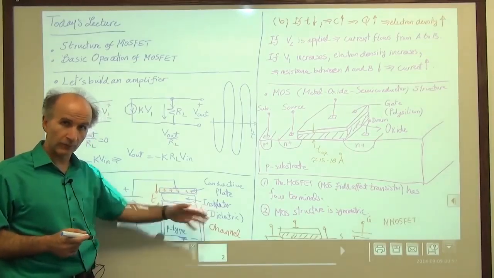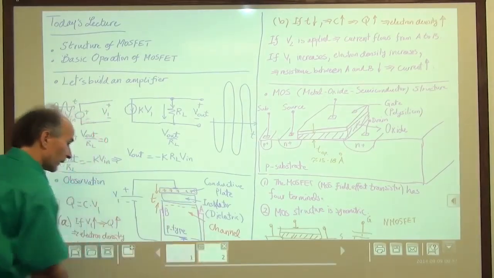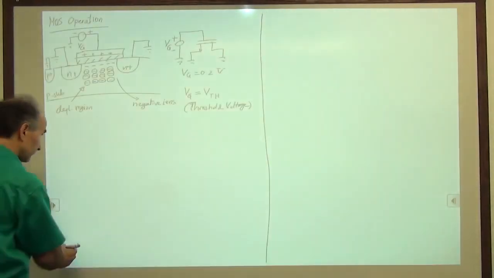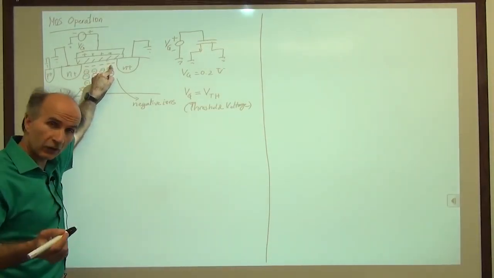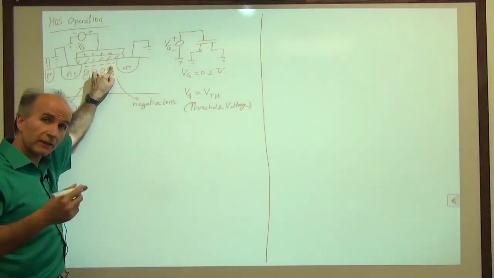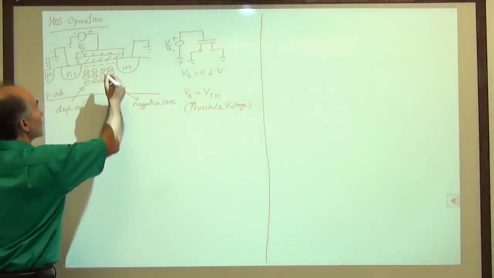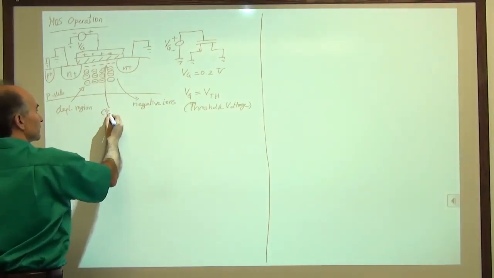These electrons can move and they can conduct current. So now that we have these electrons here, we have a channel of electrons, so they can conduct current, just the way we did before. So we call these the channel.